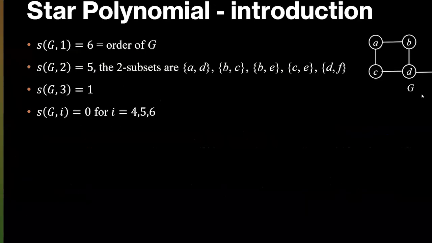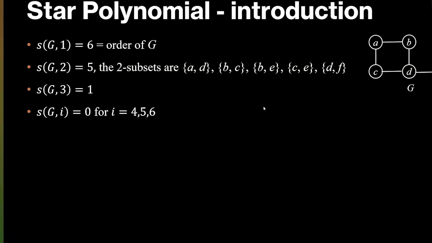If we look at the graph G that we have seen just now, s(G,1) is 6, the order of G. For s(G,2), we want to find the number of K_{1,2} subgraphs with distinct vertex sets. You can see here the vertices A, B, C, and the vertices D, B, C. Both of them are K_{1,2} subgraphs, but they have the same vertex set, so these two are counted as only 1 in getting the actual value of s(G,2).